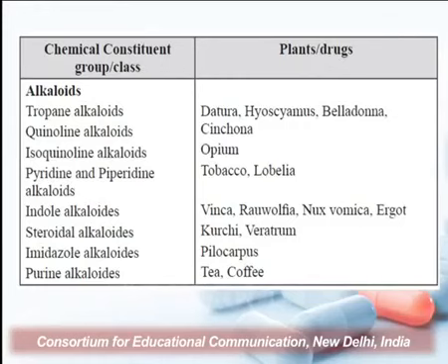For example, there is the group of plants having alkaloids as their active constituent, and under alkaloids there are different types, such as tropane alkaloids, and examples of tropane alkaloid containing plants are Datura, Hyoscyamus and Belladonna. Similarly, another class is quinoline alkaloids, and an example of a drug containing quinoline alkaloid is Cinchona. There are other types of alkaloids like indole alkaloids, and the drugs containing indole alkaloids are Vinca, Rauwolfia and Nux vomica.